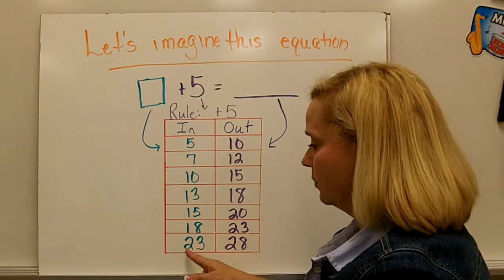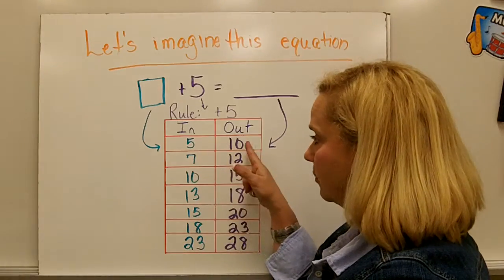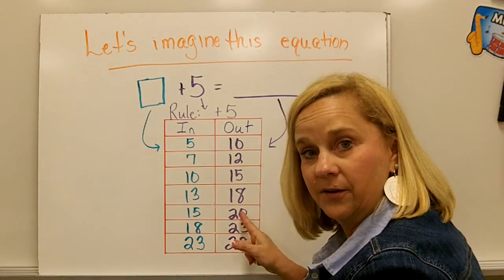So all of your numbers here, you're adding 5 to these numbers, and here's your answer here. Alright?